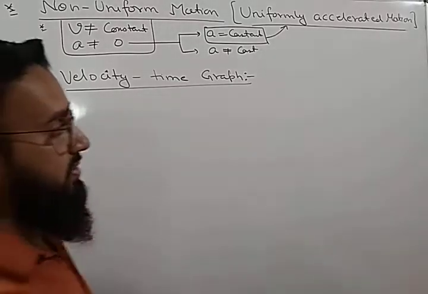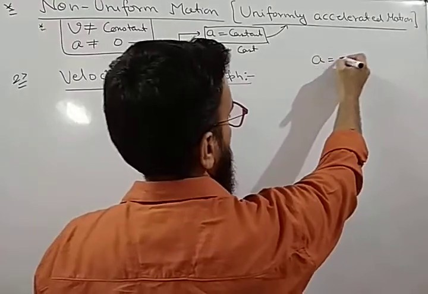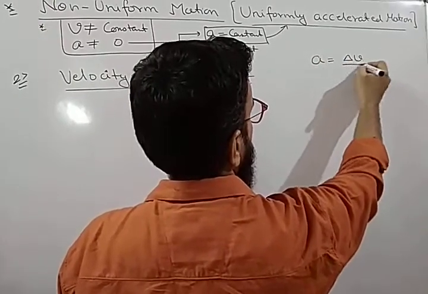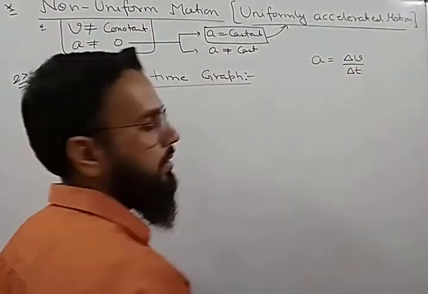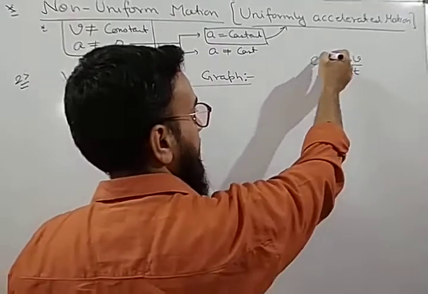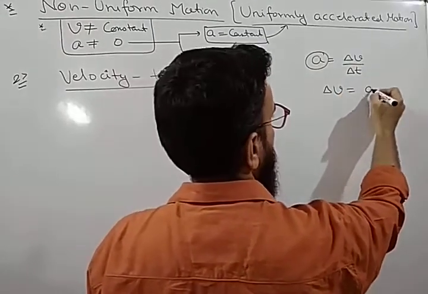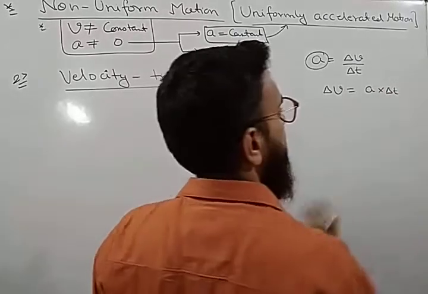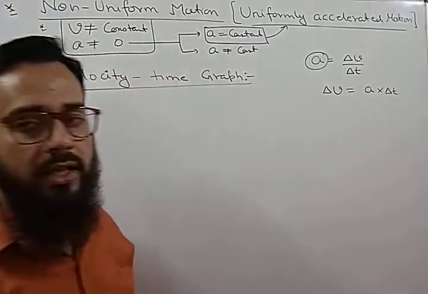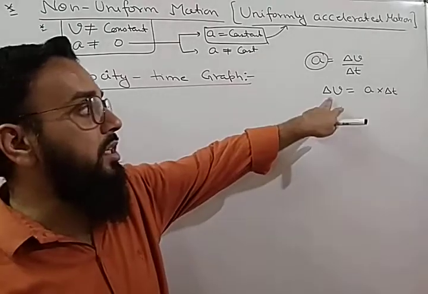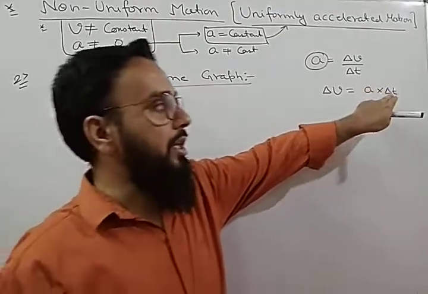When the acceleration is constant, we know that a is equal to delta v upon delta t. And this acceleration is constant. What does it mean? It means that delta v will be equal to a into delta t. And if the acceleration is constant, it means there will be a constant change of velocity in a particular time interval.